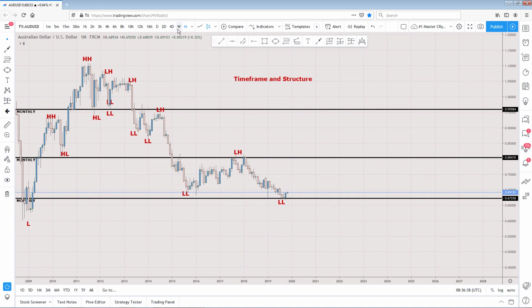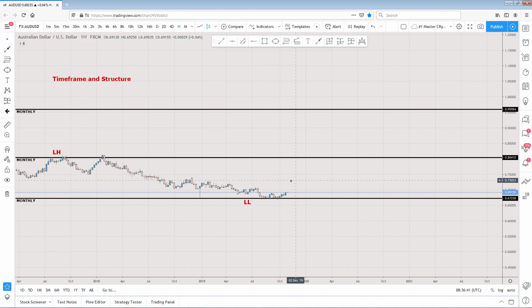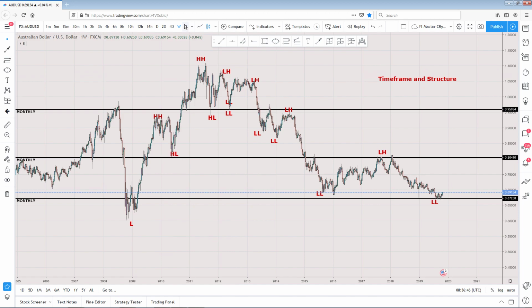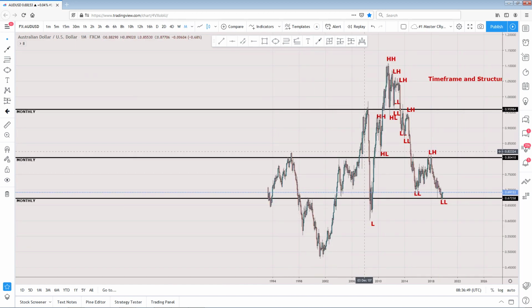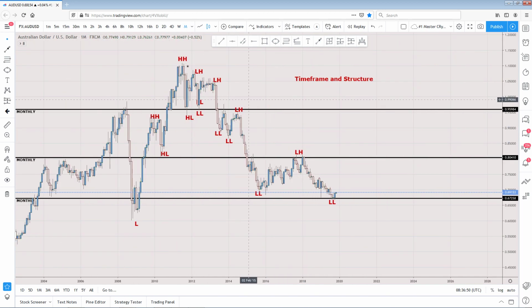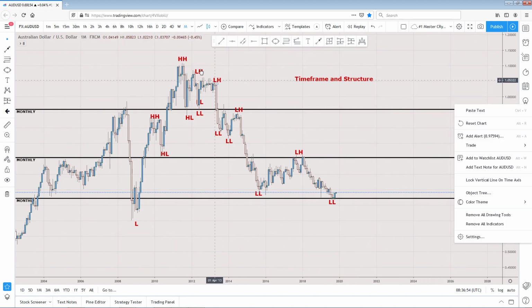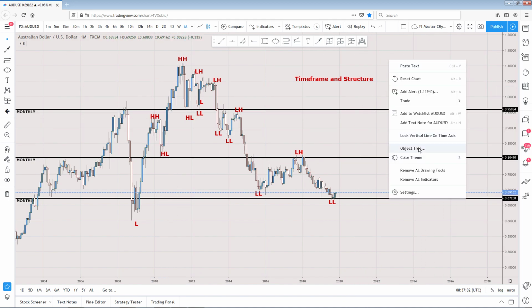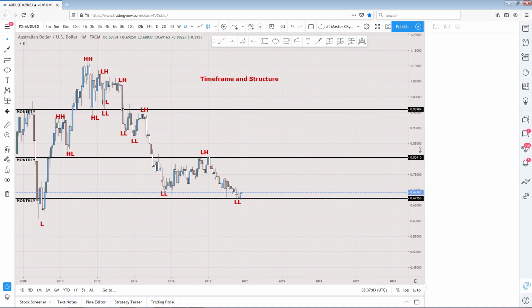And let's now move into the weekly. So what I'm going to first do, so we don't get confused here, is quickly erase all these higher highs and higher lows. Quick way to do it is you just right click on here and go to object tree.